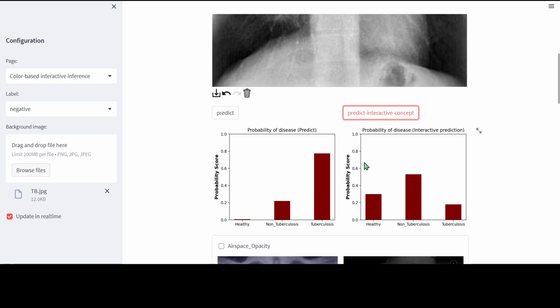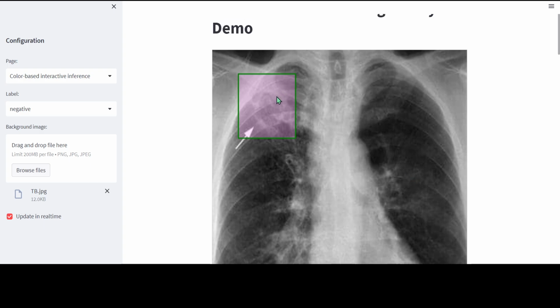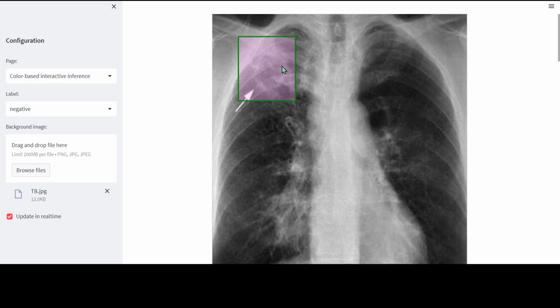It can be seen that the model no longer thinks TB has the highest score. In contrast, it is focusing on the non-TB class. So it means that when we tell the model to ignore the actual TB feature by interacting with the spatial regions, we can now be confident that this is the clue the model is using for the TB class.